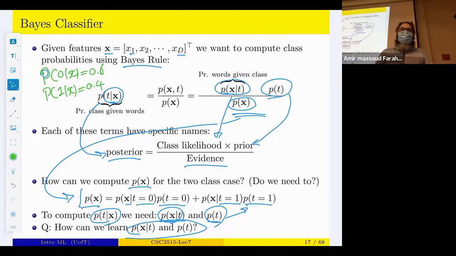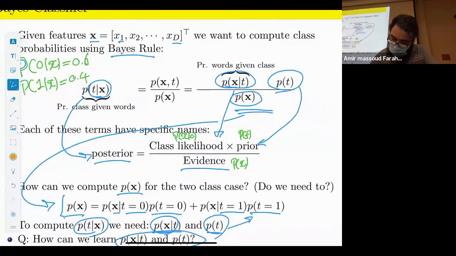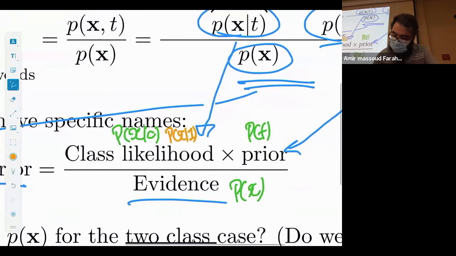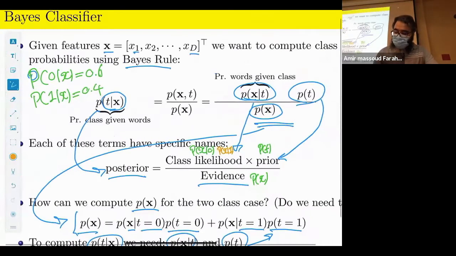So when you want to do this, here we compute P of X conditioned on 0. This would be P of T, and this would be P of X. Then you do the same thing for class 1: P of X given 1, P of T, and P of X is the same. Sorry, so this is not true.